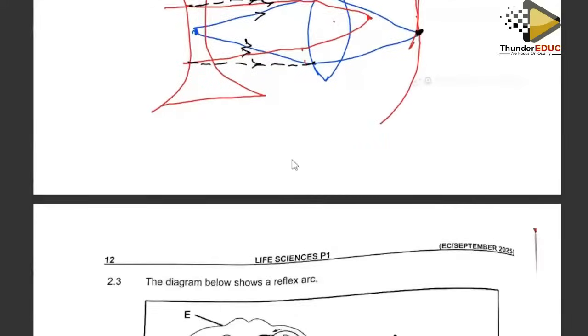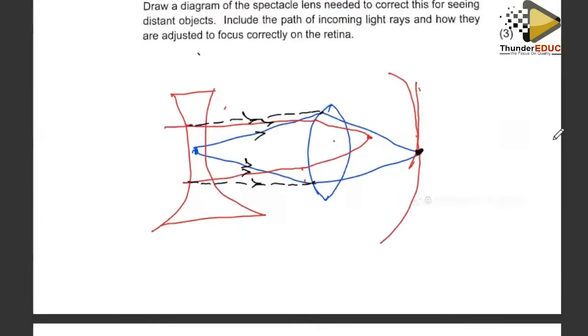Okay. So what are they looking for? They're looking for a diagram like this. This is our lens. This is our retina. So the light rays come and then put the concave lens here, not convex lens. And then light rays are bent, and a clear image is focused onto the retina.